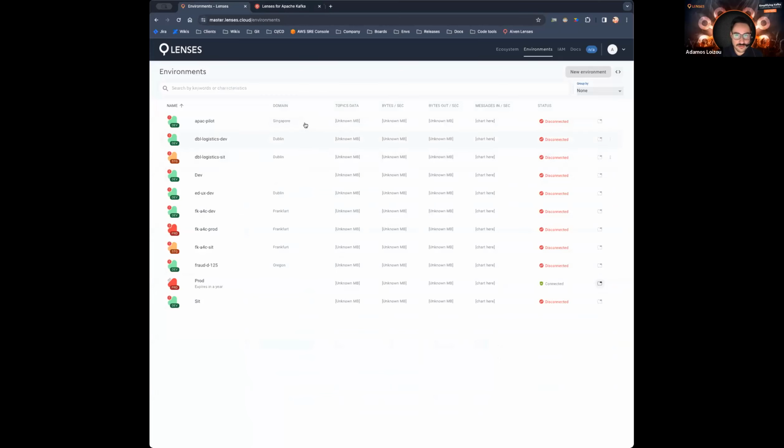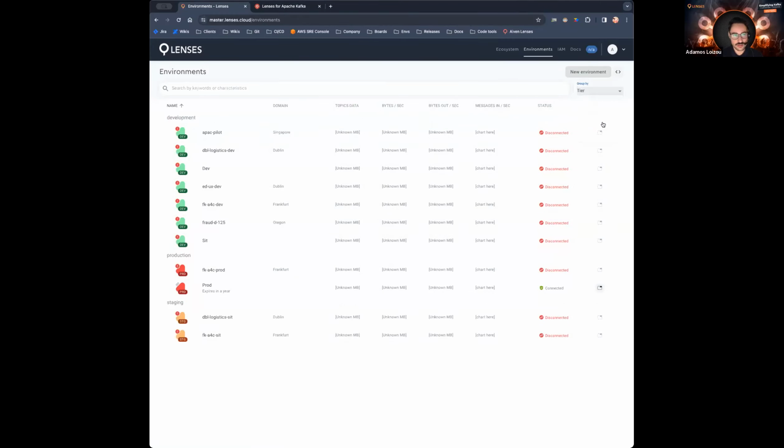Interestingly enough, we're taking some ideas from the pages of domain mesh. This is a flat list, but actually there's more awareness here. First, we are aware of the tiers of environments. We know what is a development, what is a staging, what is a production, because that allows Lenses to offer a lot of value by helping you automatically promote changes through GitOps from development to staging to production, because we are multi-Kafka aware.